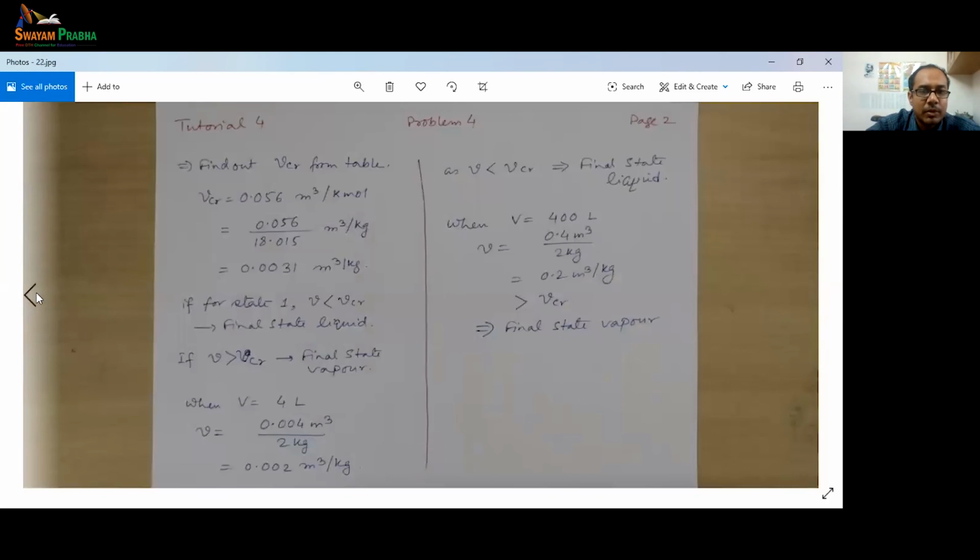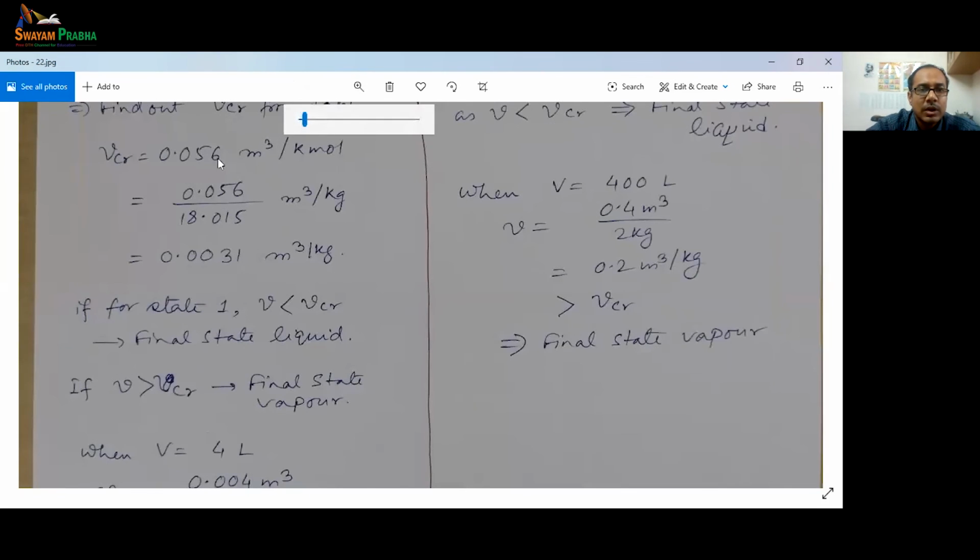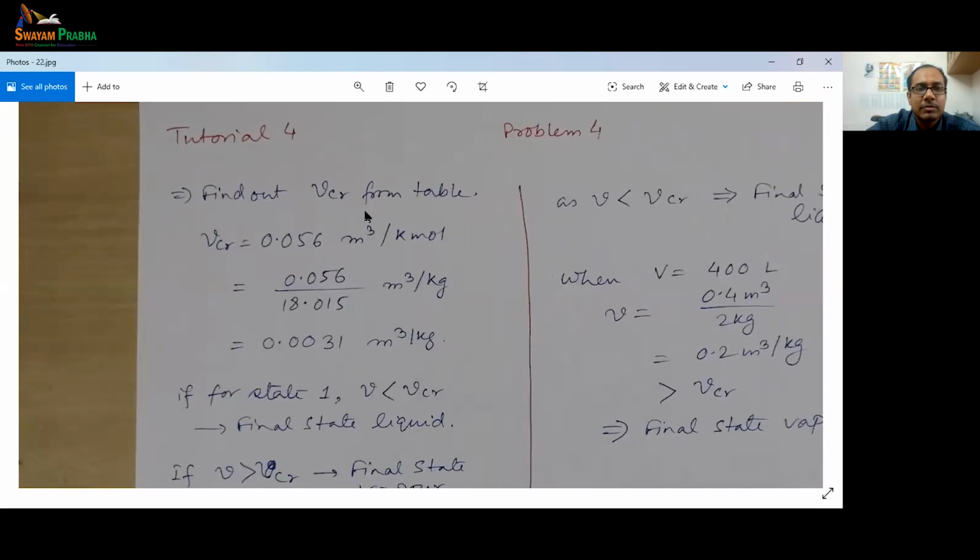So let's go back to the problem. The first task was to find the VCR from the table, the critical point specific volume. We have done that: 0.056 meter cube per kilomole. But now we have to express it in meter cube per kg, because only then can we compare whether it's left or right. So we need the molar mass as well. It is also given in the same table.